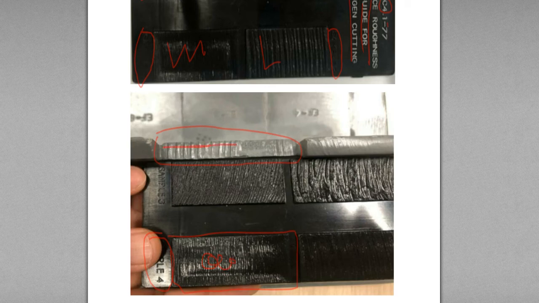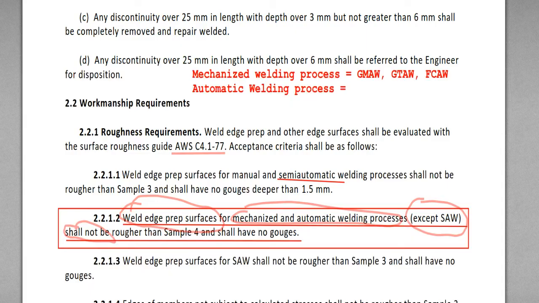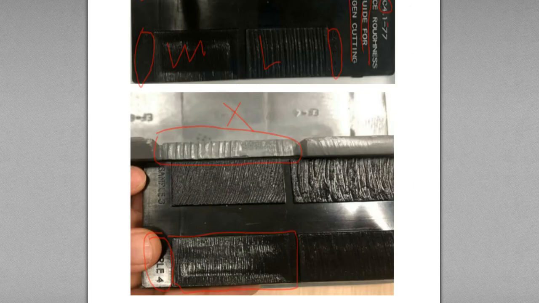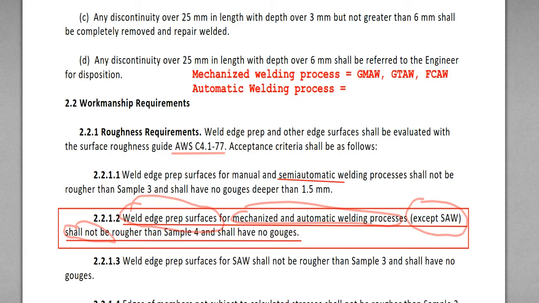But this is apparently rougher than sample number 4, so this is rejected. And have no gouges. Gouge means something like holes. Here there are no holes, so there are no gouges. So this was 2.2.1.2. Very simple, right? Next time I'm going to give you the lecture on 2.2.1.3.